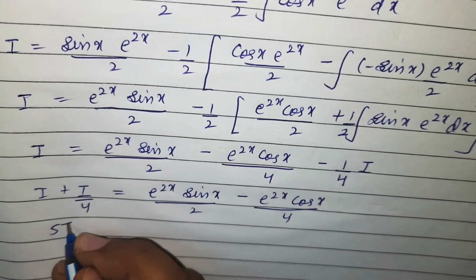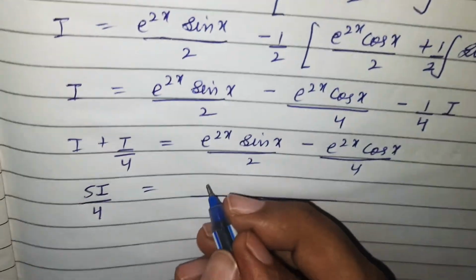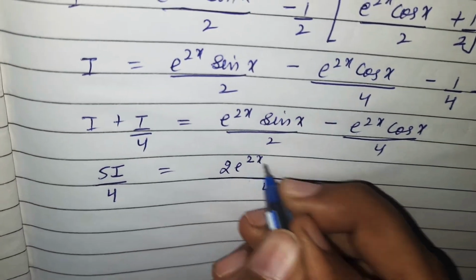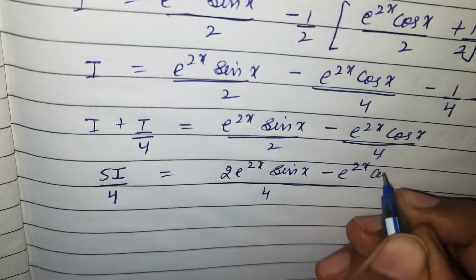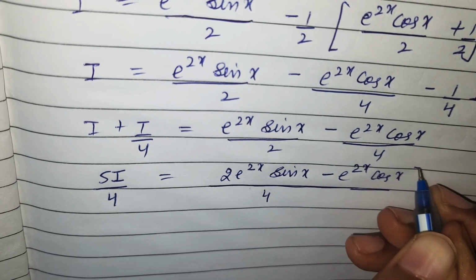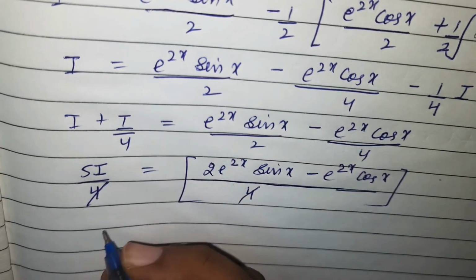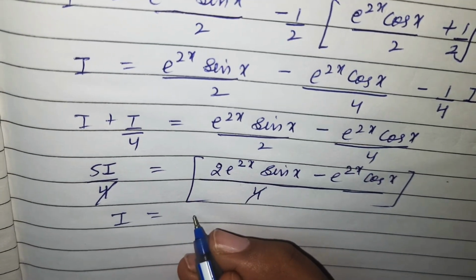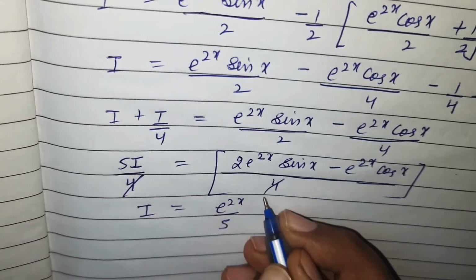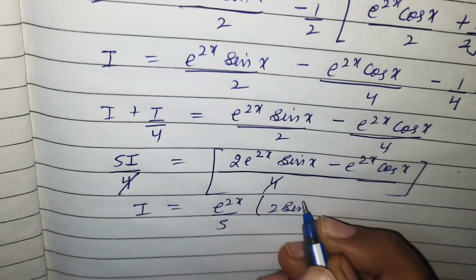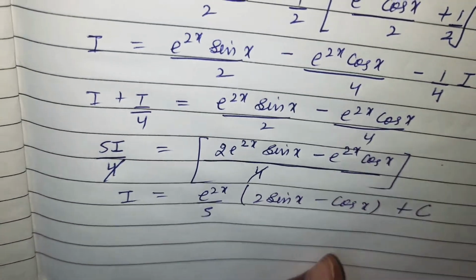So this will become 5I by 4, and if I take LCM here, I will be getting 2 e raised to the power 2x sin x minus e raised to the power 2x cos x, and basically this is your plus, C will put later on. So I is equivalent to e raised to the power 2x by 5, I am taking common, and this will become 2 sin x minus cos x plus C will be your final answer.